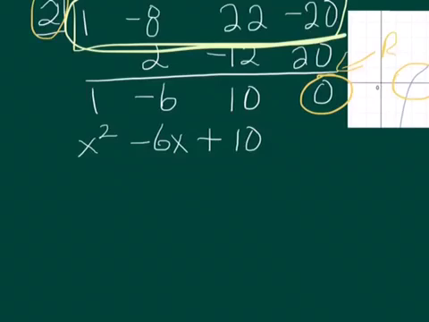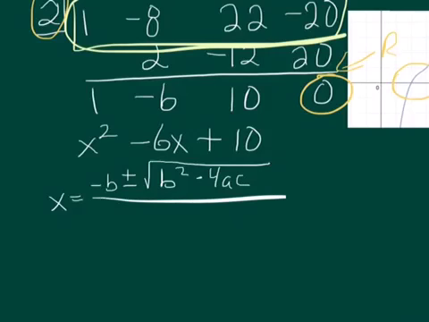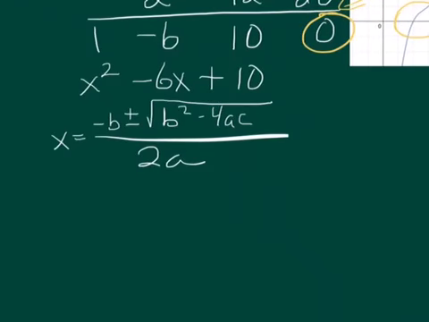Let's throw the whole thing into the quadratic formula. X equals negative b plus or minus the square root of b squared minus 4ac all over 2a. My a is 1.